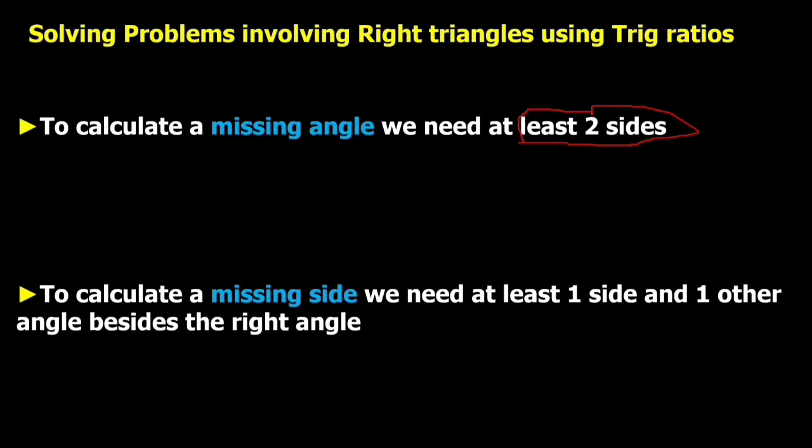To calculate a missing side, we're going to need at least 1 side and 1 other angle besides the right angle, which makes sense. These relationships always have 3 variables in them. So we need at least 2 of them to work out the third one, which is the unknown variable.